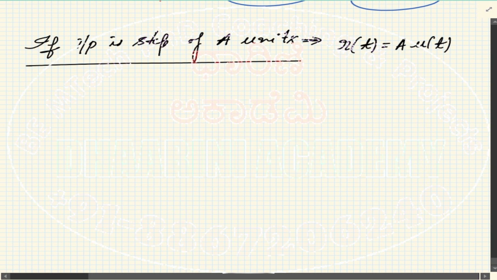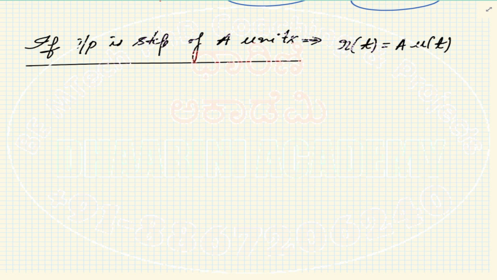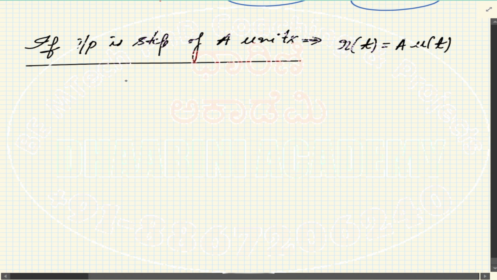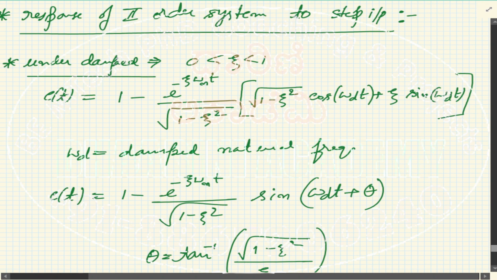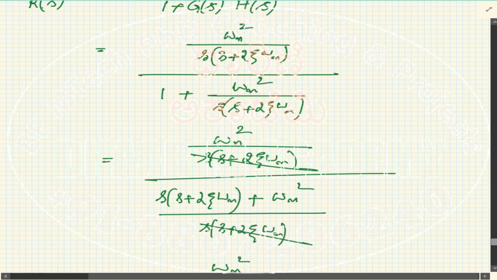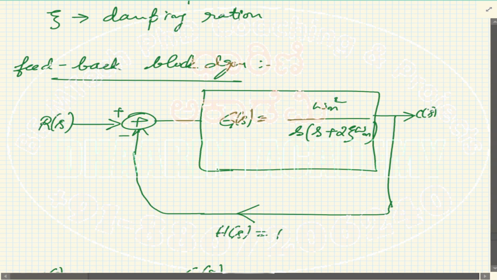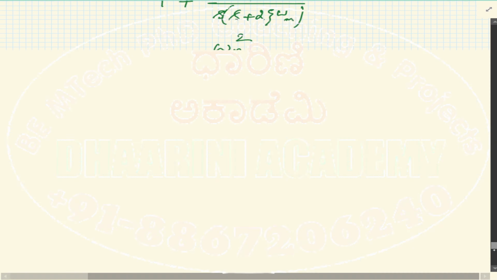This is given for a second order system with the standard transfer function, omega n square divided by s square plus 2 times zeta into omega n into s plus omega n square. I think we have written a block diagram for the same, with the feedback, for this kind of setup.